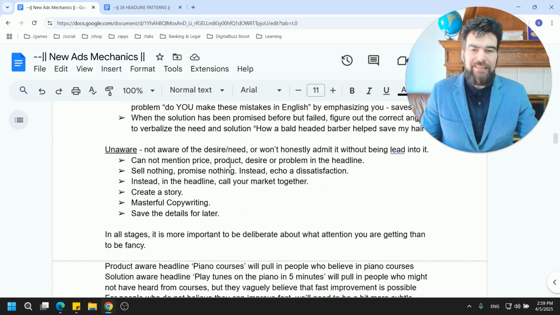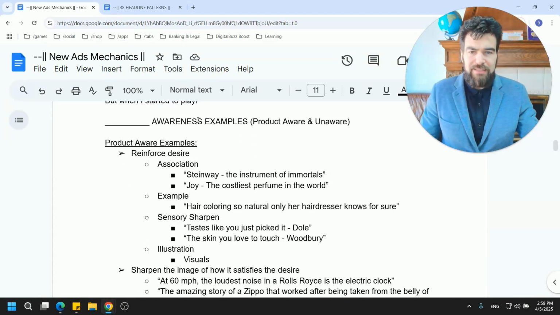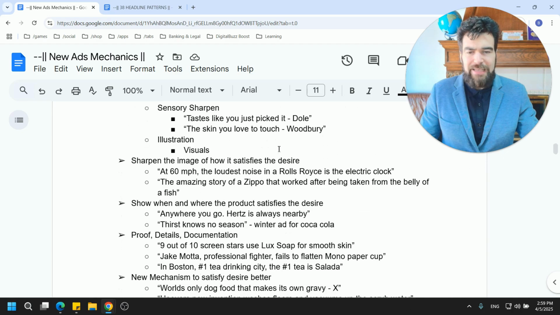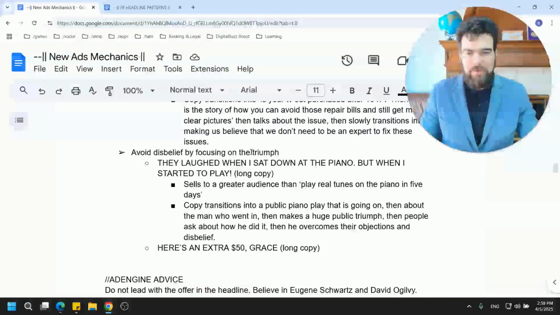And then unaware is that they're not aware of their problems, or it's too much in their subconscious and they won't honestly admit it without being led into it. So these are the awareness levels, and these are some examples of how we can make a good copy for that.